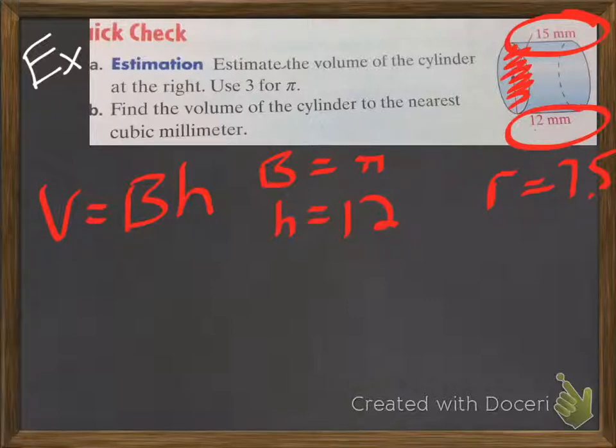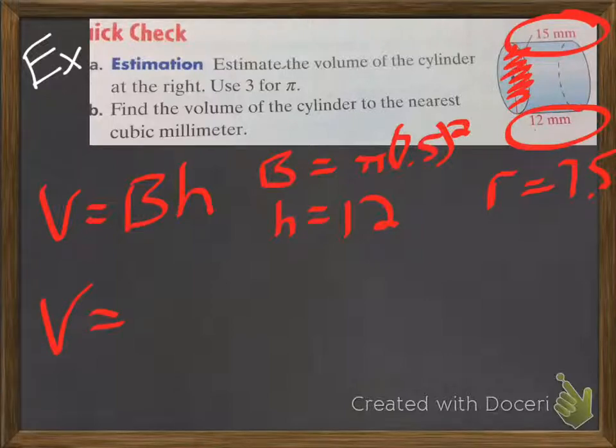So over here I'm going to put 7.5 squared. All right. Now what's 7.5 squared? It's 56.25.